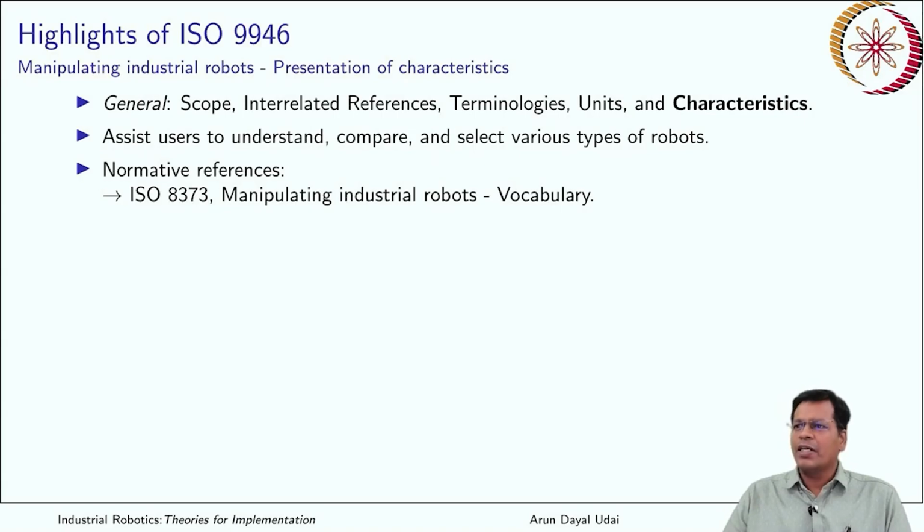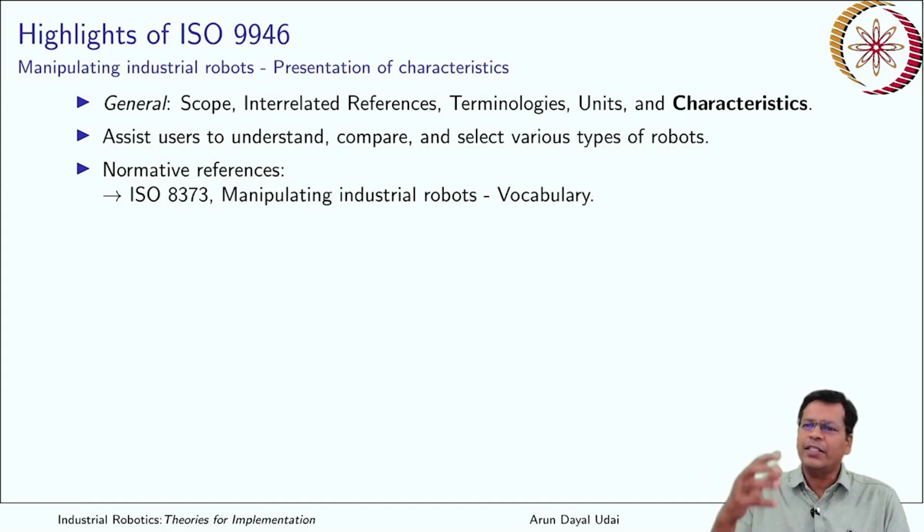The normative references, without which this particular ISO is not complete, include the manipulating industrial robot vocabulary, the common industrial standard ISO 8373. It defines the vocabulary commonly used for manipulating industrial robots. A manipulating industrial robot is basically any robot able to manipulate an object in an industry, doing pick and place of parts from one place to another.